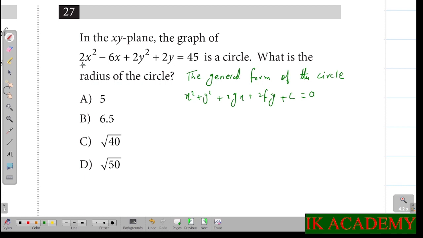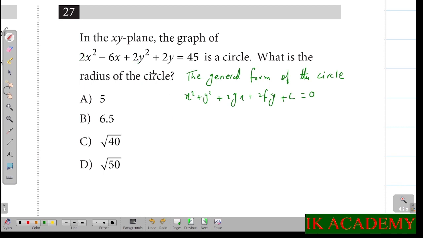So we can compare this equation, which is also a circle, with the general form to find the radius of the circle. We can convert this equation into this form, because in the general form the coefficient of x square is 1 and the coefficient of y square is 1. Here the coefficient of x square is 2 and the coefficient of y square is 2.